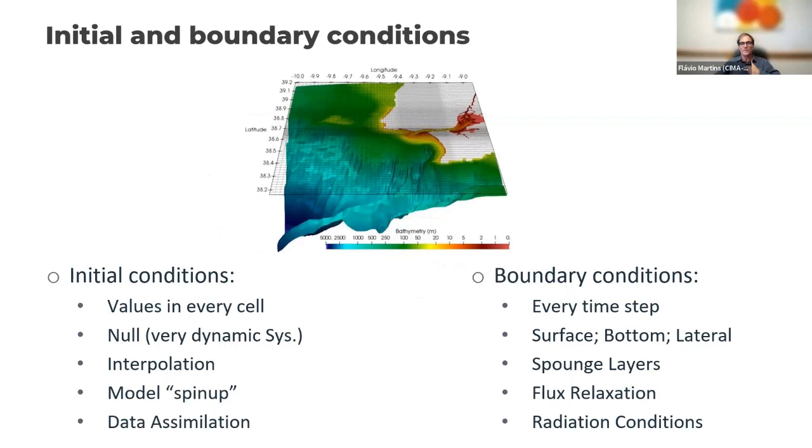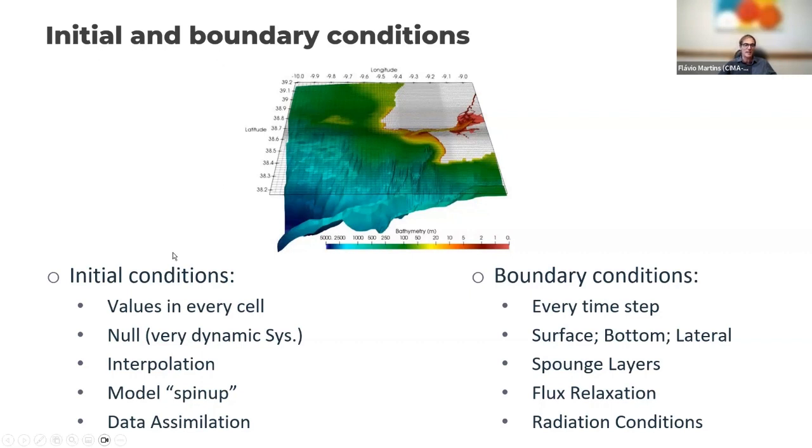Okay, so these problems that we solve with our models are called initial and boundary condition problems. And they are called initial and boundary condition problems because they need initial conditions and they need boundary conditions. Okay?